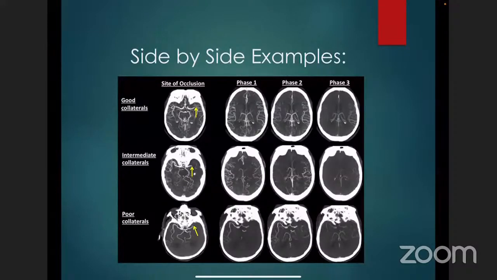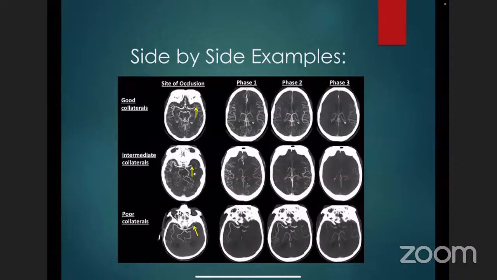Phase 1 shows the contrast filling in all the area, and then phase 2. Once you go to the venous phase, I mean there is backfilling in the first phase and near complete washout by the third phase, with the collateral occupying more than 50% of the affected MCA.